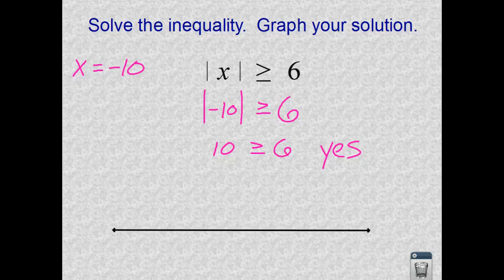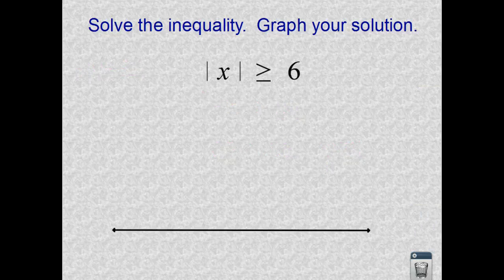All right, so we're going to set up a little process here. The process is we take the inequality, take the bars off of the absolute value. So we have x is greater than or equal to 6, and then x is less than or equal to negative 6.